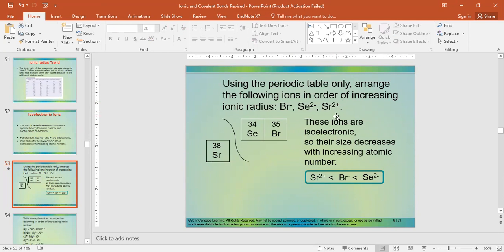If you look at them, then you can see this one follow one another, and this one is down in a different period. Then if you look at them in terms of the increasing ionic number, then you can see that the strontium is going to have this size, the smallest size, followed by bromide, followed by the selenide ion, because of the increasing effective nuclear charge.